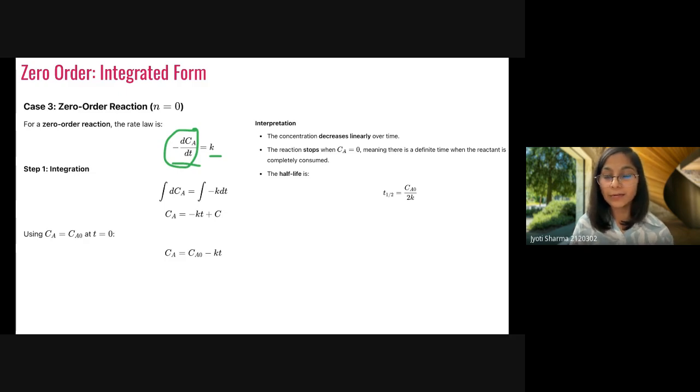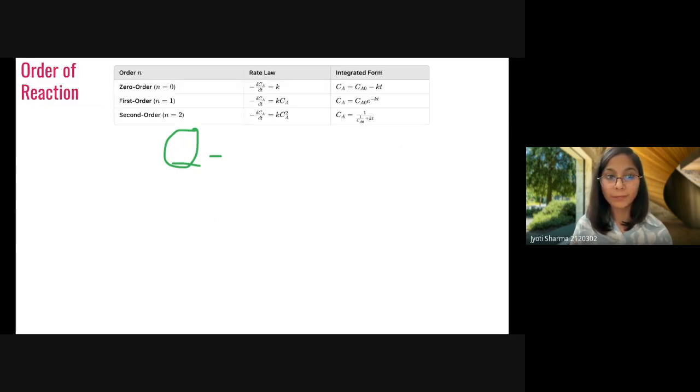So this will be molarity per second. From here we have learned this is your rate law, because CA was raised to power 0, so that's why this is just K. So for zero order, your rate is equal to K.